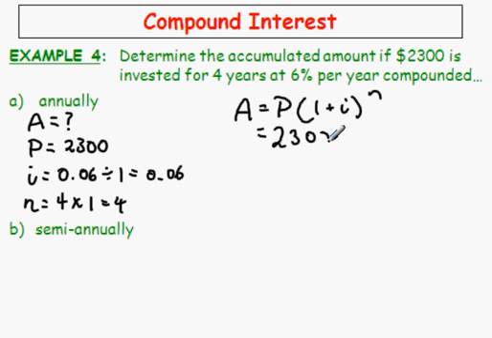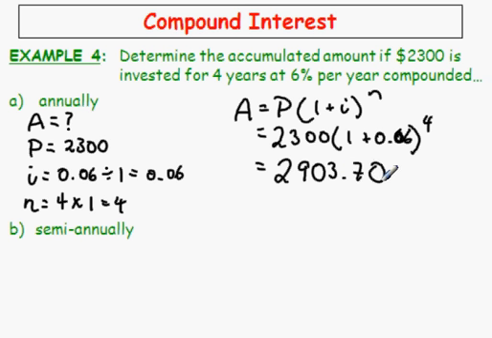So if I invest $2,300 at an interest rate of 6% for 4 years, compounded annually, what I'll end up with is $2,903.70. Okay, so unlike simple interest, this formula gives us our final amount.